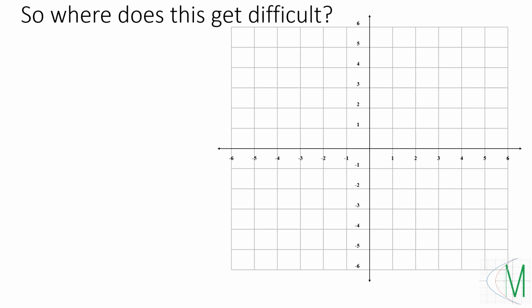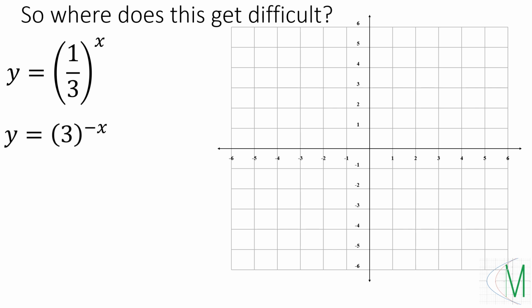So let's look at one other way that this looks like it's supposed to get difficult, and it's really not. Let's say instead of 1/2, or instead of a base 2, we have 1/3. Okay, so what's the big difference here? Just like with the last problem, I'm going to change that from 1/3 to the x to 3 to the negative x.